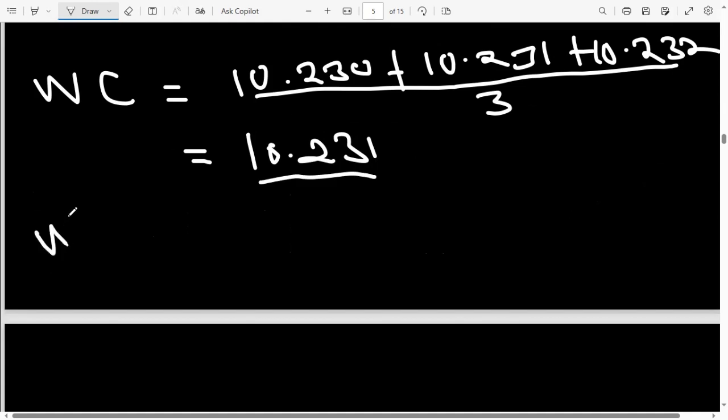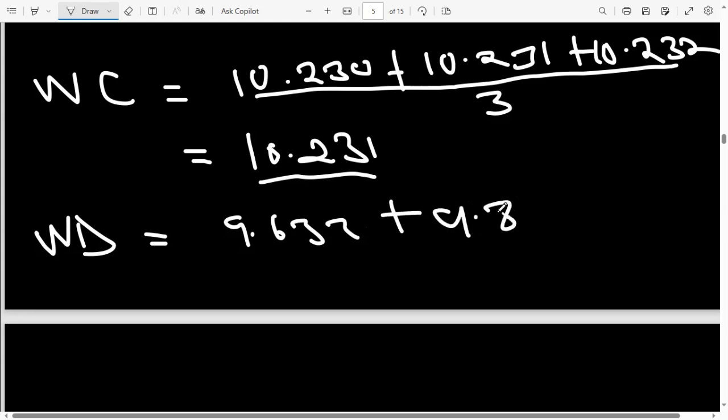And then we find the average for worker D, which is the last one. We have 9.632 plus 9.835 plus 9.926.